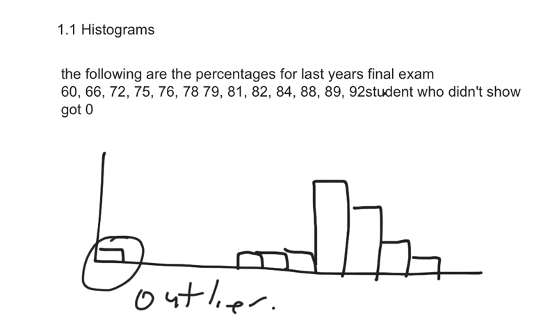A number that's far away from the other numbers and basically doesn't fit in with everything else. The reason we have this outlier is because the person didn't show up for the final exam for whatever reason. But we should probably include that data. We should include all of the data whenever possible, and if we have an outlier, we should try to figure out if there's a reason for it, or if we need more information, more data. So, anything that's far away, and how far away? We'll talk specifically about a formula to find outliers later, but for right now, if you see something far away from the rest of everything in a graph, we're going to call that an outlier.